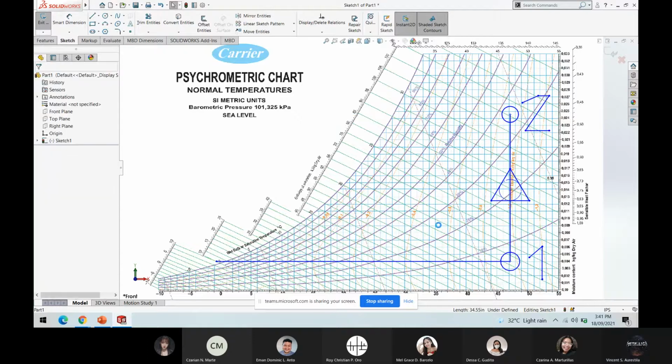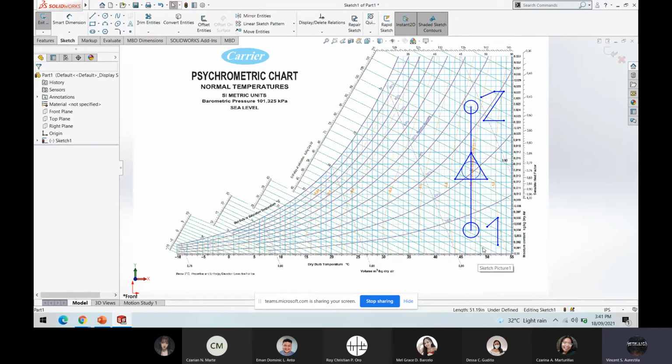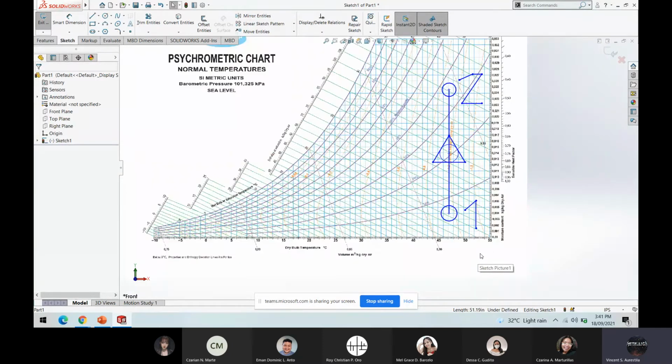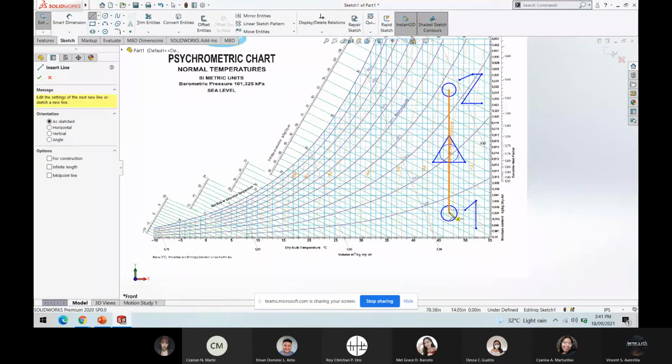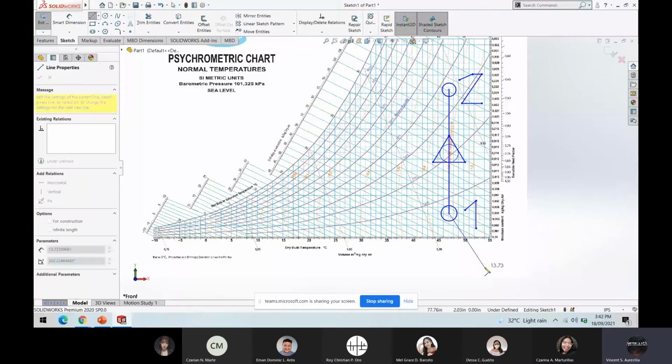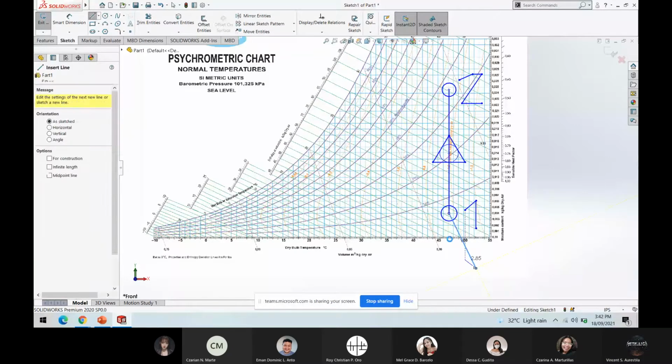And so the next property that we will study is the specific volume. The specific volume is represented graphically like this, and also in state 2.